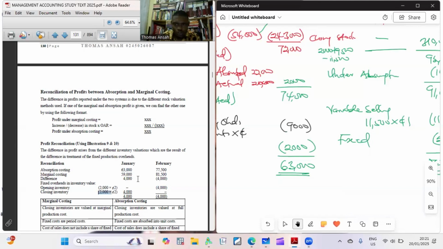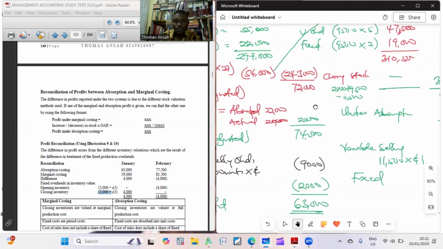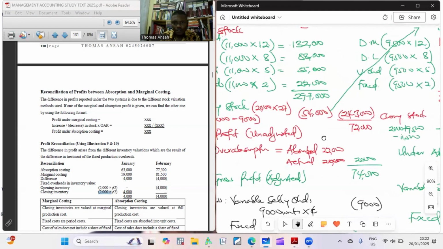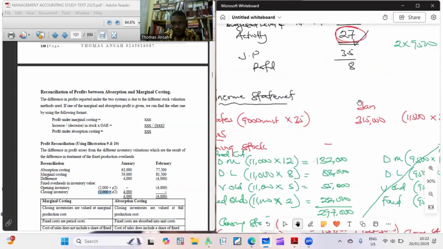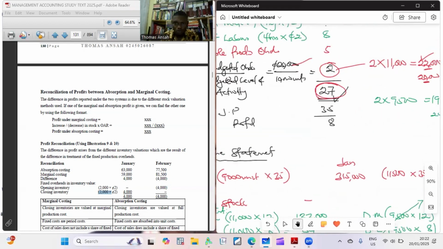So if you take the 2,000 closing stock that we did and multiply it by the overhead absorption rate, which for that one was 2, you get the 4,000, and you see that that is the reconciliation.